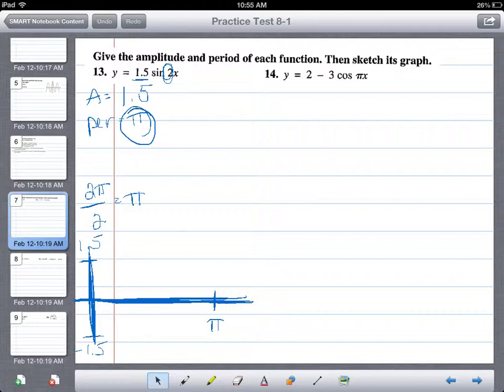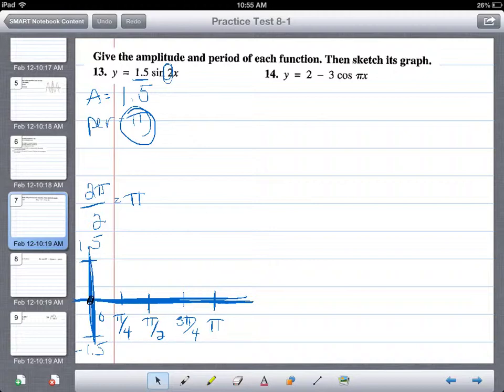So I'm going to graph my action points. I've got to quarter this up. Halfway between 0 and pi is pi over 2. This is pi over 4. And this is 3 pi over 4. You can see how it's going by fourths here, and just add the pi to it. This is a sine curve. So we're going to start at ground level.